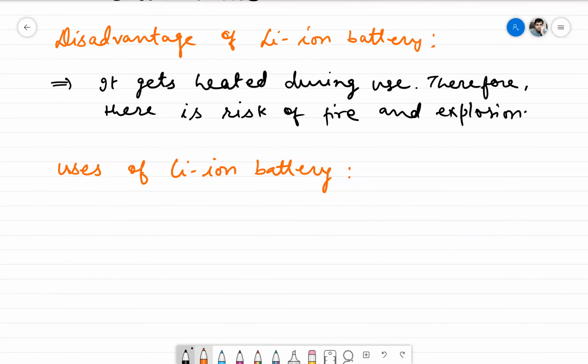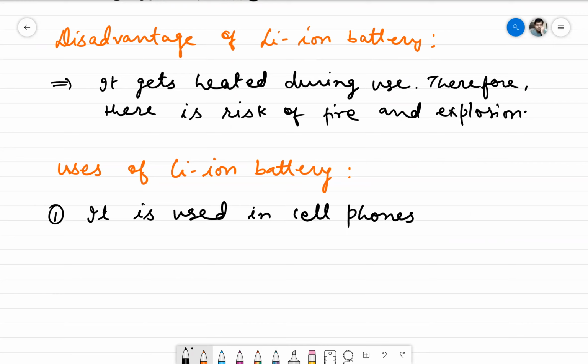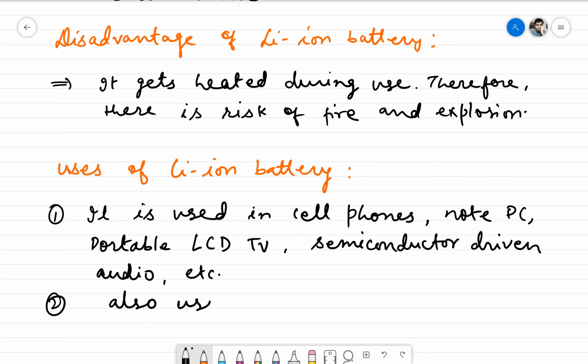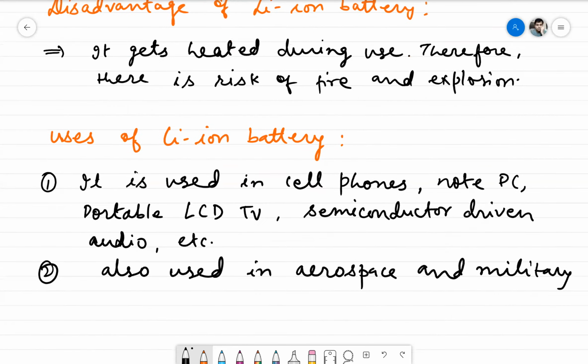This battery is used in cell phones, notebook PCs, portable LCD TVs, semiconductor driven audio, etc. They are also used in aerospace and military equipment.